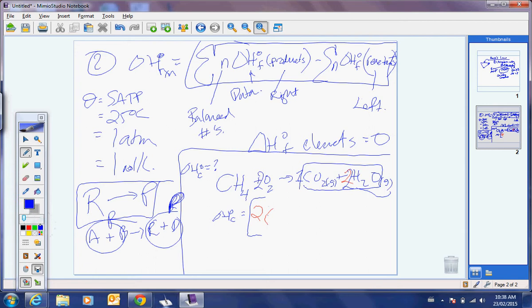What is the delta H for water vapor? Negative 241.8 kilojoules per mole. And you know that this is 2 moles, right? So the moles end up canceling out, and then I'm left with just kilojoules. Plus 1 times. What is the delta H naught f for carbon dioxide? Negative 393.5. Okay? So that was just this. That's all I've done so far.